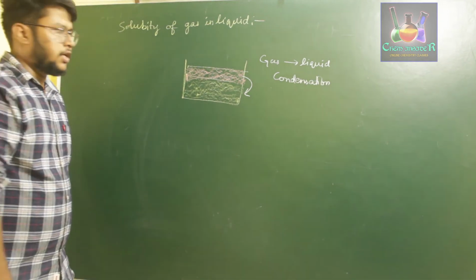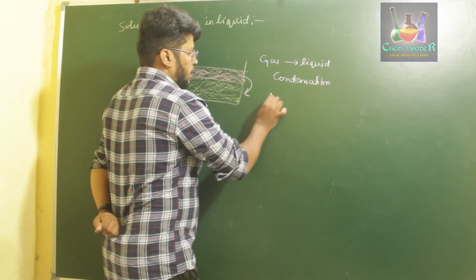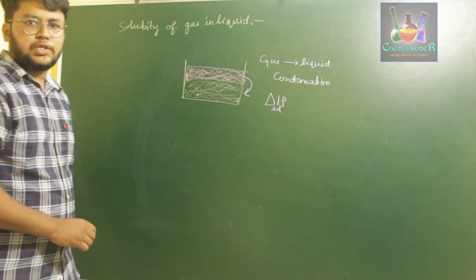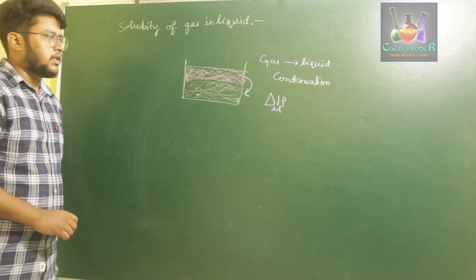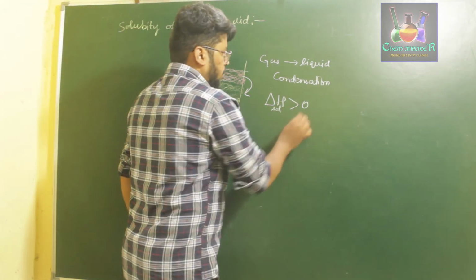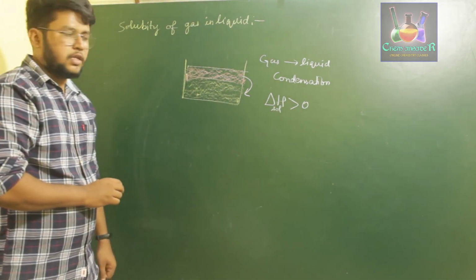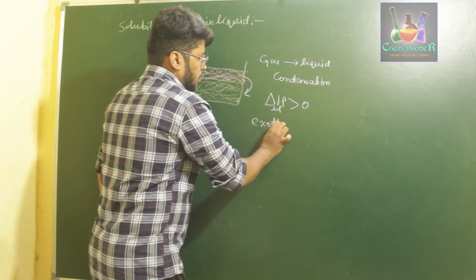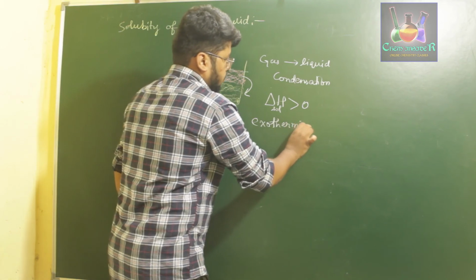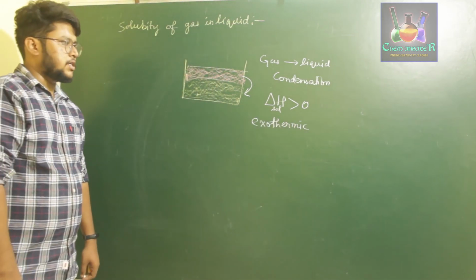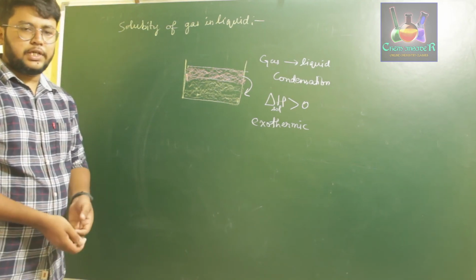Under the condensation condition, we observe the delta H of dissolution. That means delta H of dissolution will be less than 0, because this is an exothermic process. Under the exothermic condition, solubility decreases.